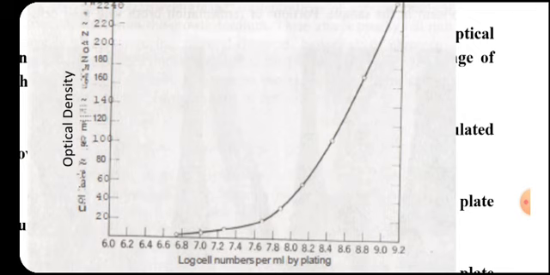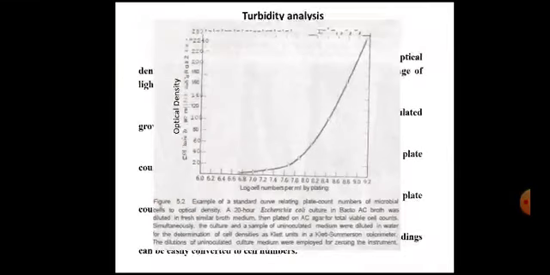Now what next? The next thing is that you have your sample, the sample whose cell number you want to determine. This is your sample, the fermentation broth in which the microorganisms are present, and you want to measure how many microorganisms are present in this sample.